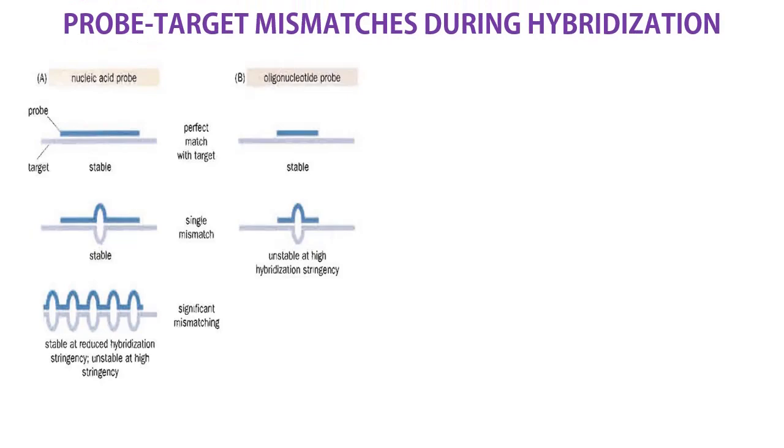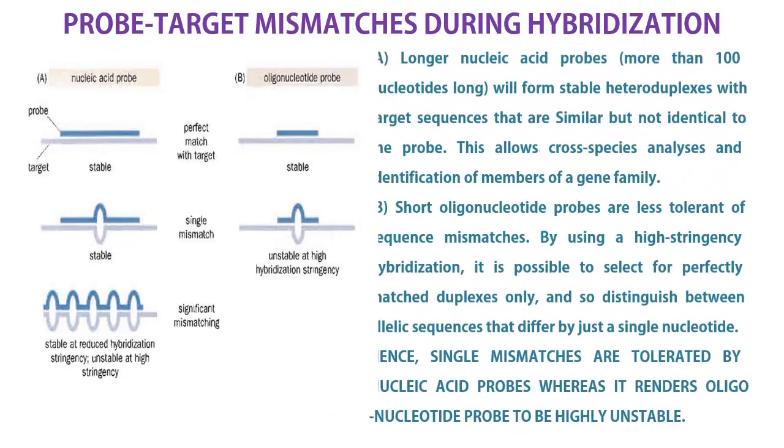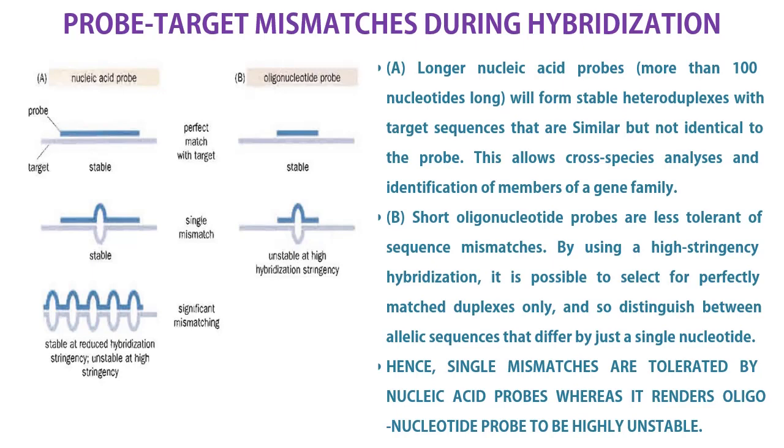Probe target mismatches during hybridization. A. Longer nucleic acid probes, more than 100 nucleotides long, will form stable heteroduplexes with target sequences that are similar but not identical to the probe. This allows cross-species analyses and identification of members of a gene family. B. Short oligonucleotide probes are less tolerant of sequence mismatches.